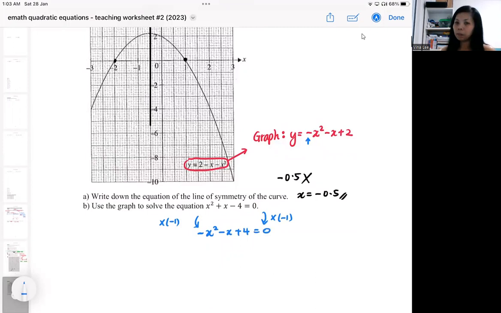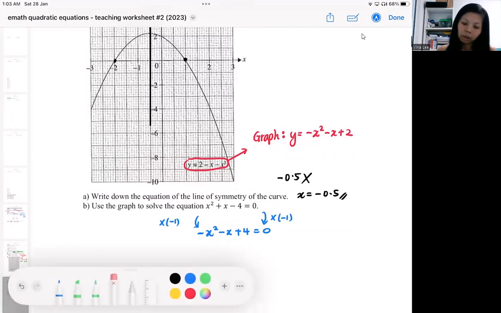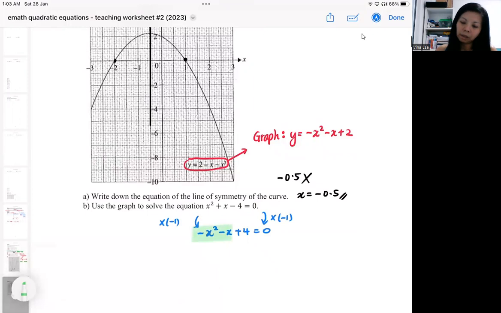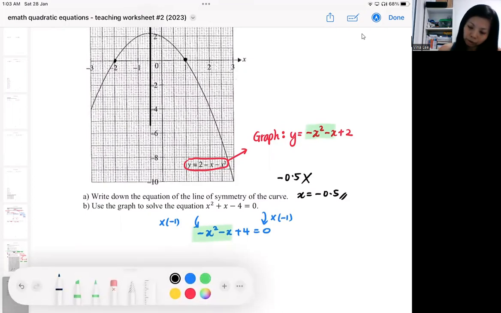After you multiply by -1, you realize that the equation is looking a little bit like the graph, but the numbers don't match. So this part doesn't match.